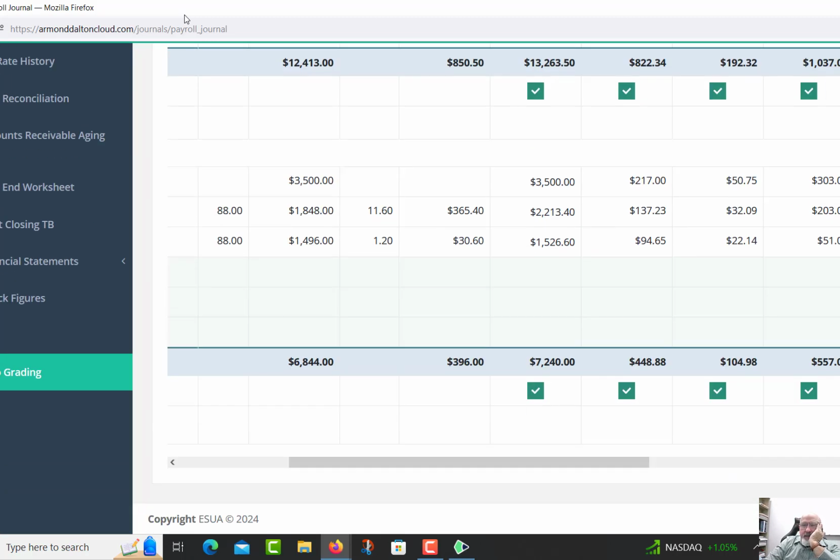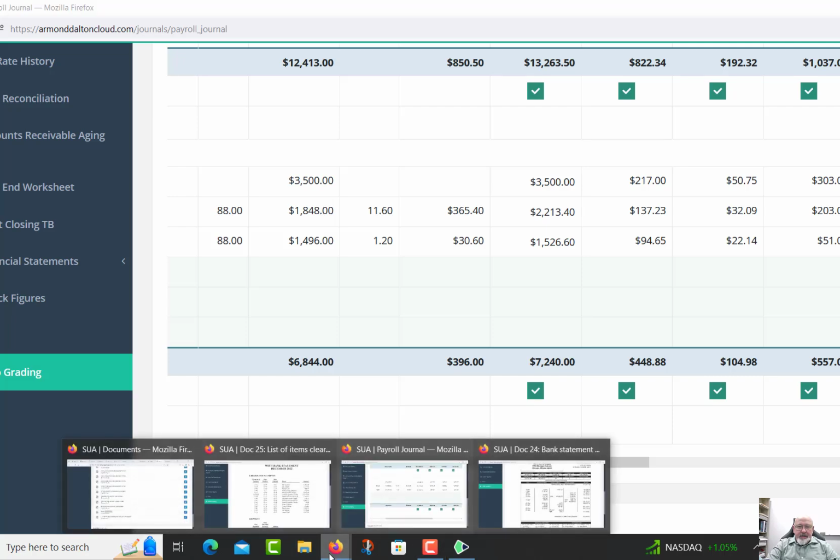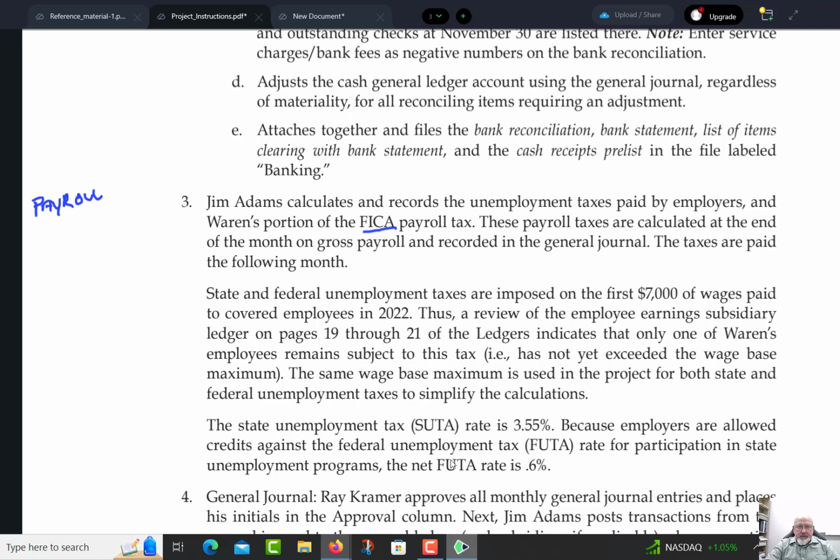And you want that total for December, and based on the transactions you've been doing, you should have that. Now, this is a calculation in the payroll journal of what the employees are going to pay. But in this particular case, you're calculating what the employer is going to pay. Remember, the employee pays, but the employer matches. So this is the employer portion.